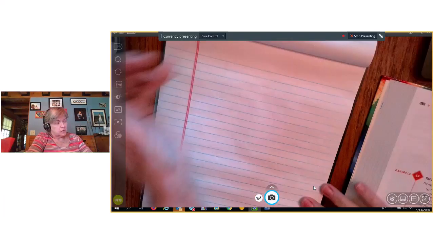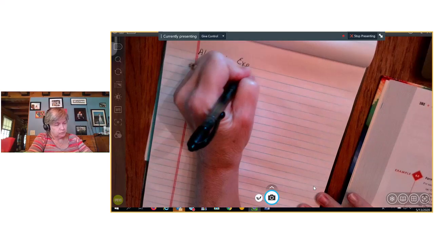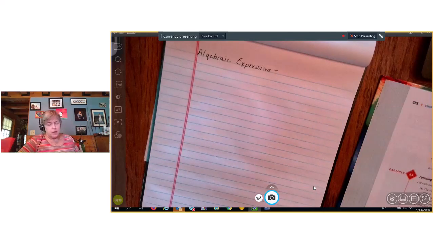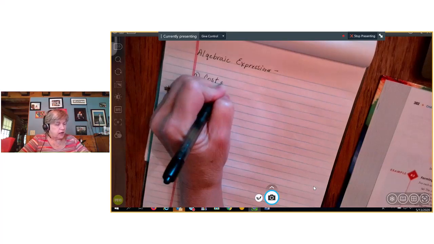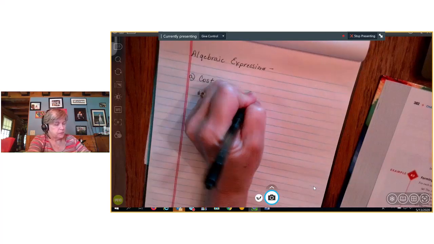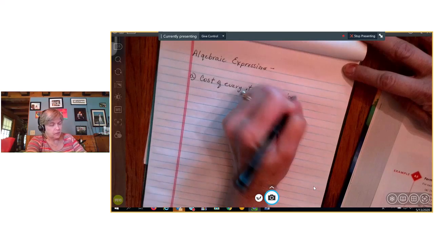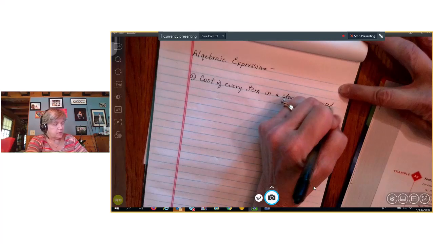So when we're talking about algebraic expressions, if we have the example, the cost of every item in a store is increased by 15 cents.